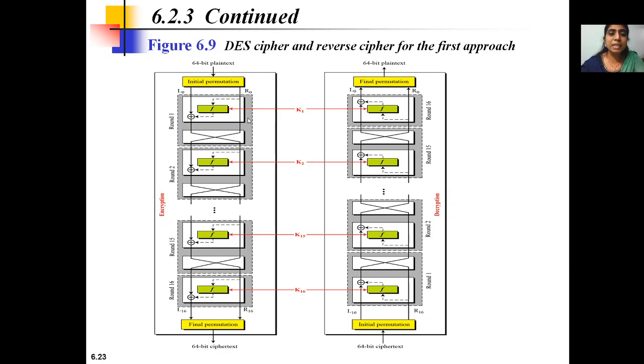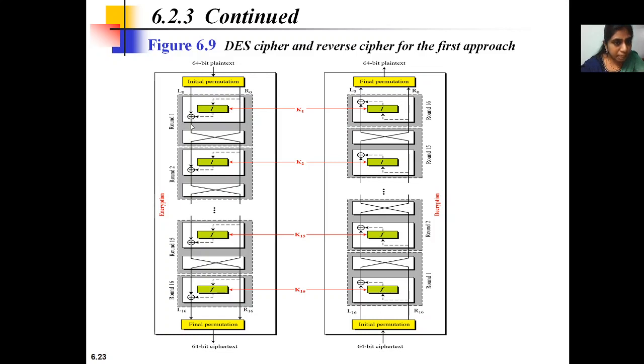So let us see how the cipher and the reverse cipher of the first approach are performed. We take the initial 64-bit plain text, then we perform the initial permutation, then take the left side bits and the right side bits, do the function, then XOR with the left side bits.